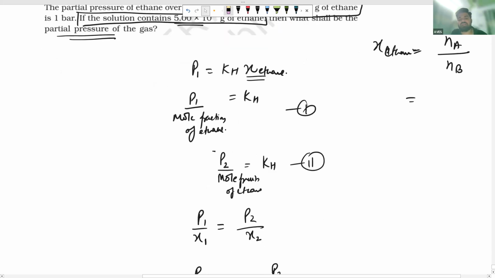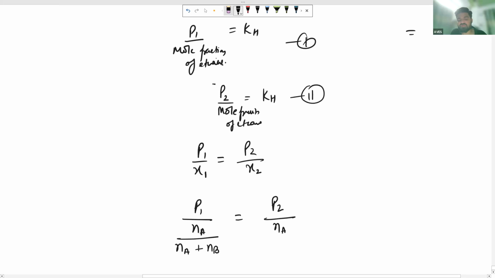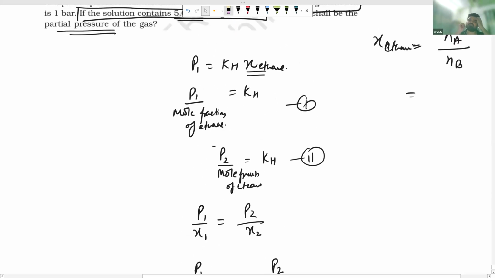So I'm just writing this as A1 and A2, because this and this are not equal, as they are different in amount. A1 is the number of moles of ethane in the first case, A2 in the second case, upon the number of moles of B. Up to here, did you understand, or should I explain one more time?